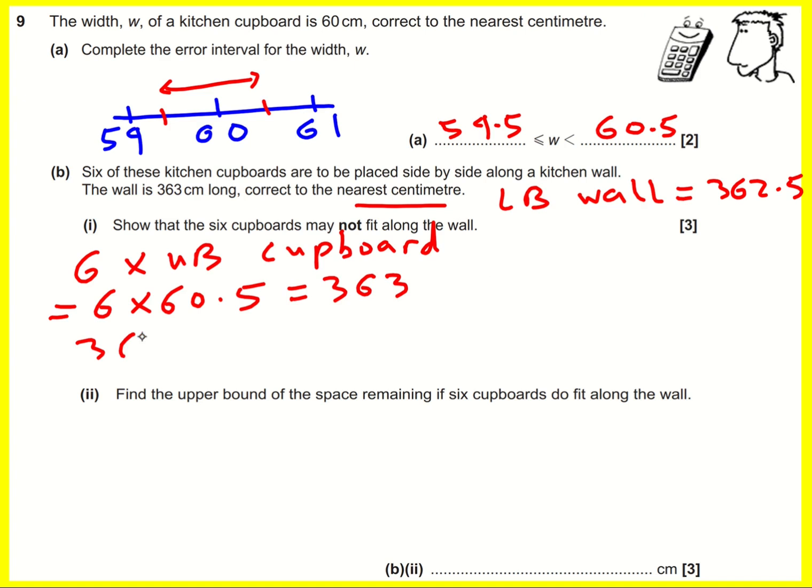So 363, that was the upper bound for putting the cupboards in, is greater than the lower bound for the amount of space that we have, so the cupboards may not fit. This is the worst case scenario, but it could happen.